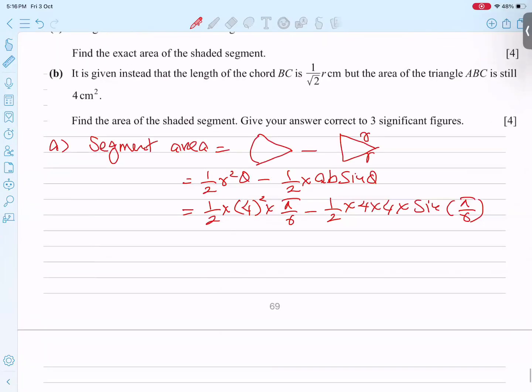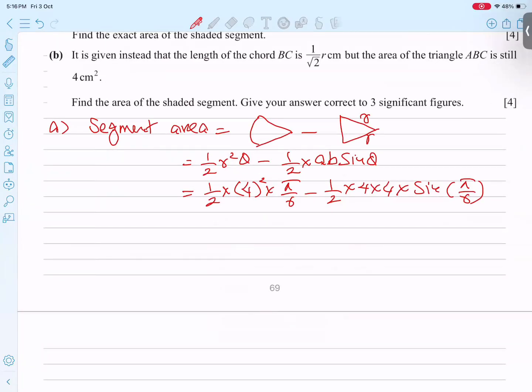So this is a 16, and if I check it in the calculator, 16 divided by 12, I get 4 over 3 pi. And what about the other? 8 times sine pi by 6 gives us 4. So the answer is 4/3 pi minus 4 centimeters squared. This is the answer for the first part.